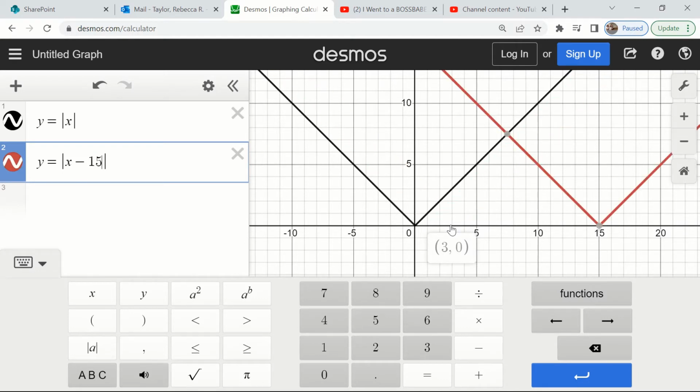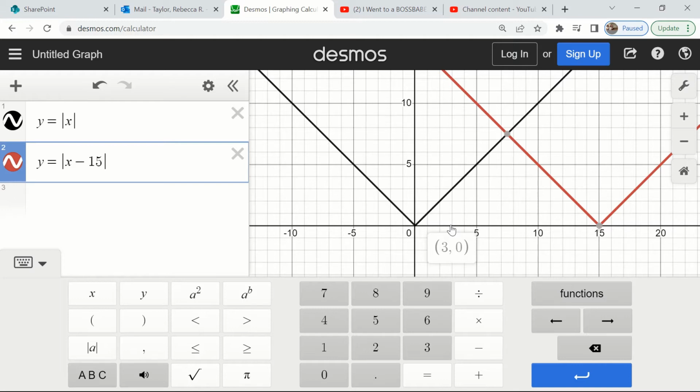One of the ways they encourage you to think about it is to think about the minus sign being part of the formula.